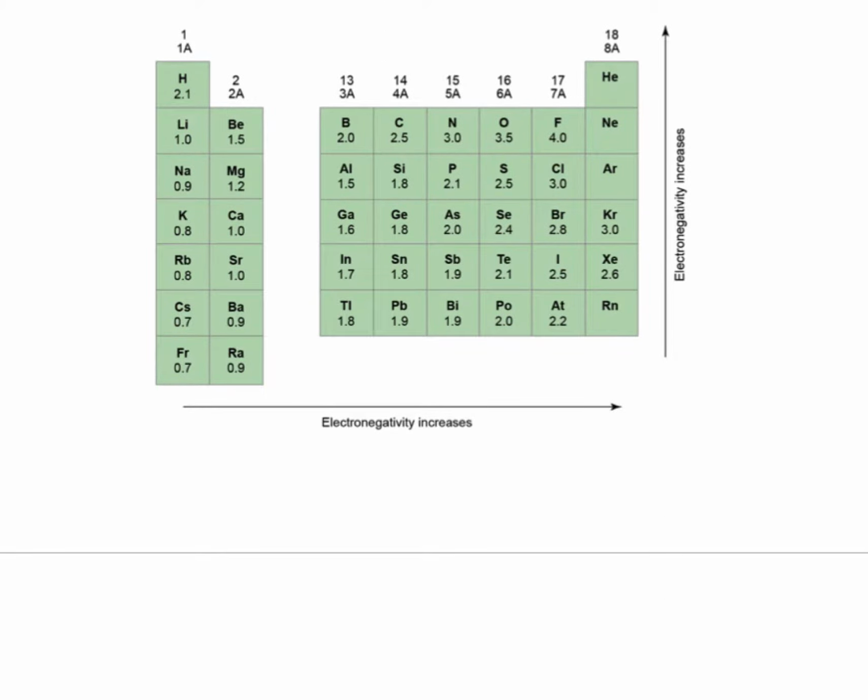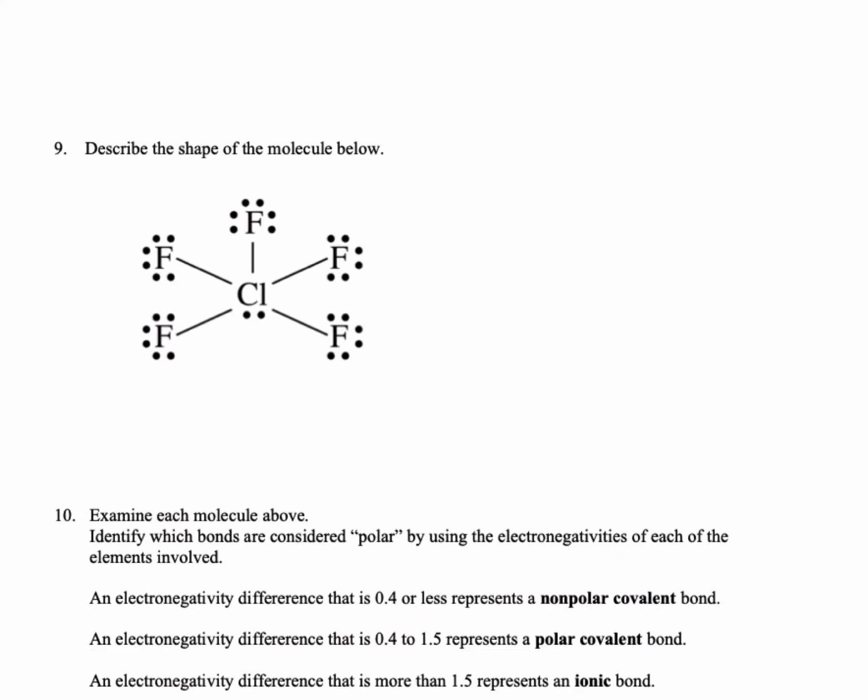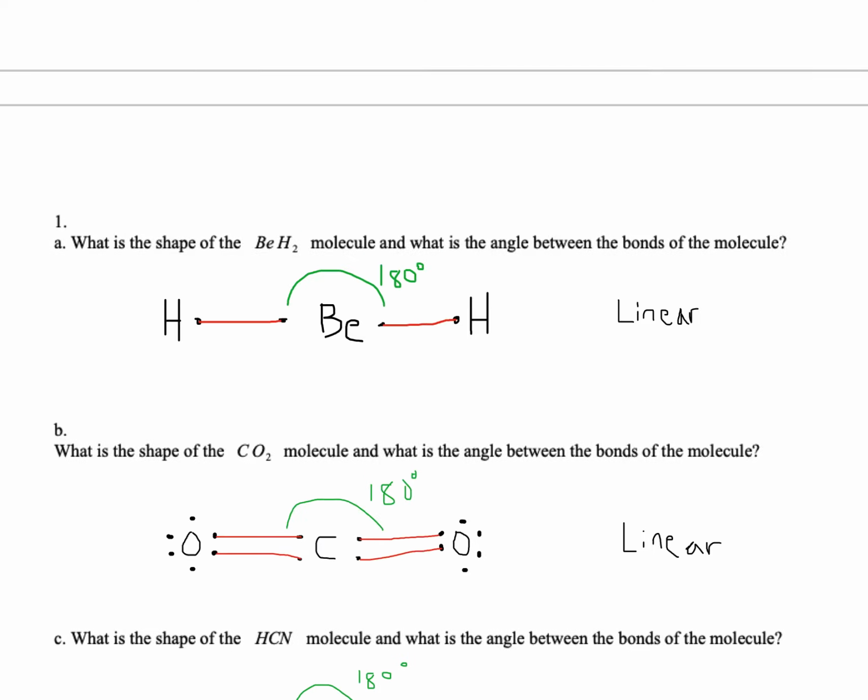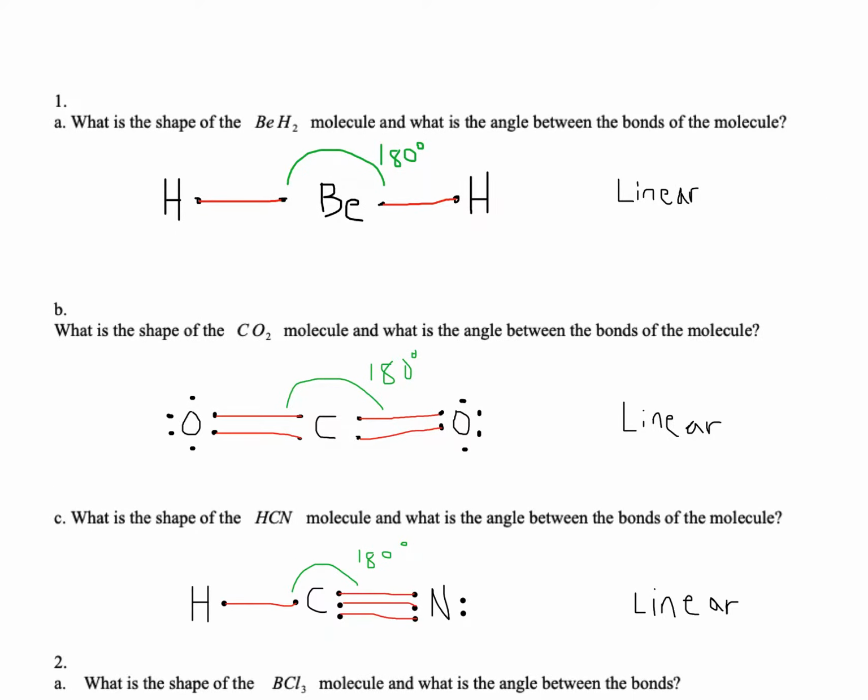So let's see, beryllium has an electronegativity of 1.5. Hydrogen has an electronegativity of 2.1. So I could write those next to the atoms if I'd like.